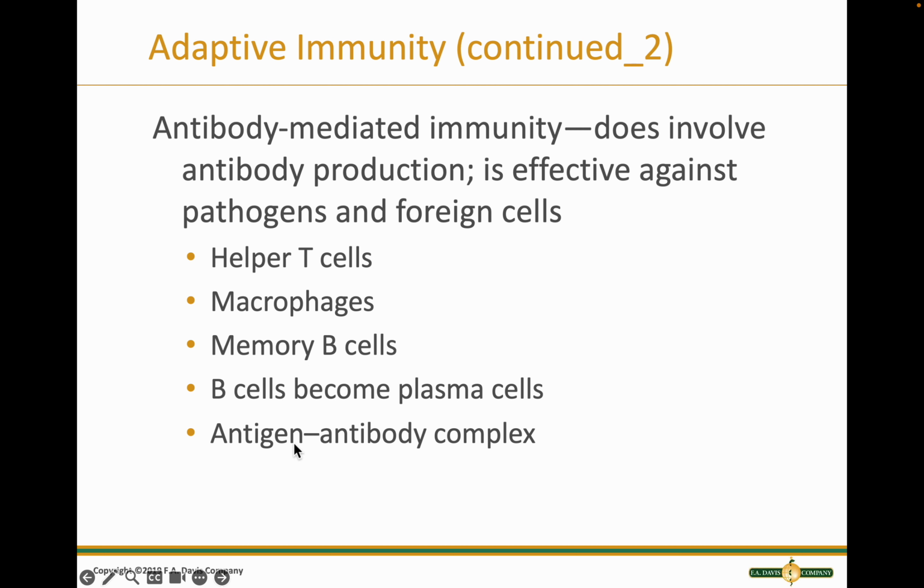And then the other version of B cells are the plasma B cells. So I want you to remember, memory B cells remember what you've either been infected with or a vaccine. And then plasma B cells are the other type of B cell that are a factory for producing these antibodies.